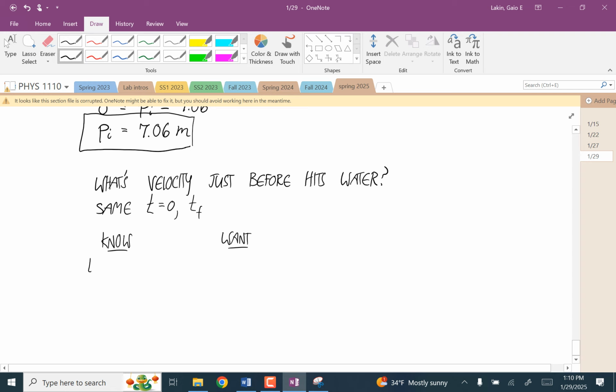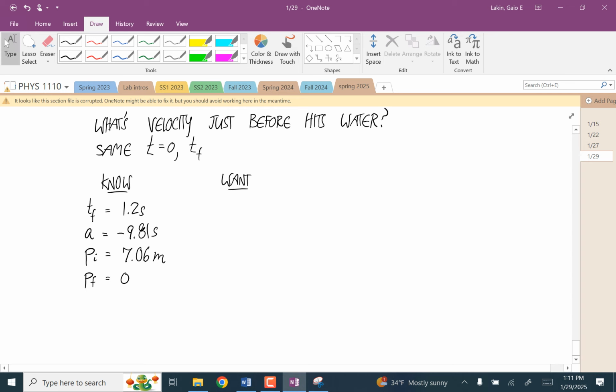So time final is 1.2 seconds. Acceleration is negative 9.81. P initial, now we know, we solved for that, is 7.06 meters. P final is 0. V initial is 0. And we want to find V final.